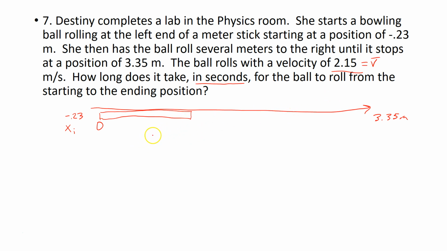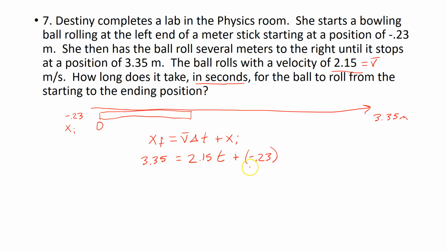So here we go. We're going to say the final position is equal to the velocity times the change in time plus the original or initial position. Our final position is 3.35. That's equal to our velocity, which we said was 2.15, times the time, that's what we're looking for, plus -0.23.